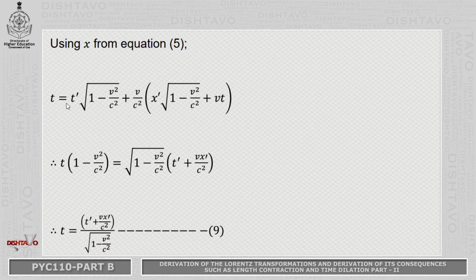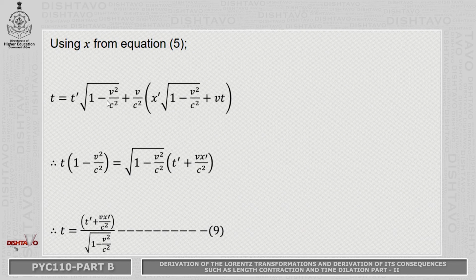So t is equal to t dash square root of 1 minus v square by c square plus v by c square, and this is what is x as given by equation number 5, which is x dash times square root of 1 minus v square by c square plus vt. Now combine this t term onto the other side, but it is multiplied with v by c square and v, so it is v square by c square. When you take it on the other side, it will be minus v square by c square, t is taken out and we get this bracket as 1 minus v square by c square.